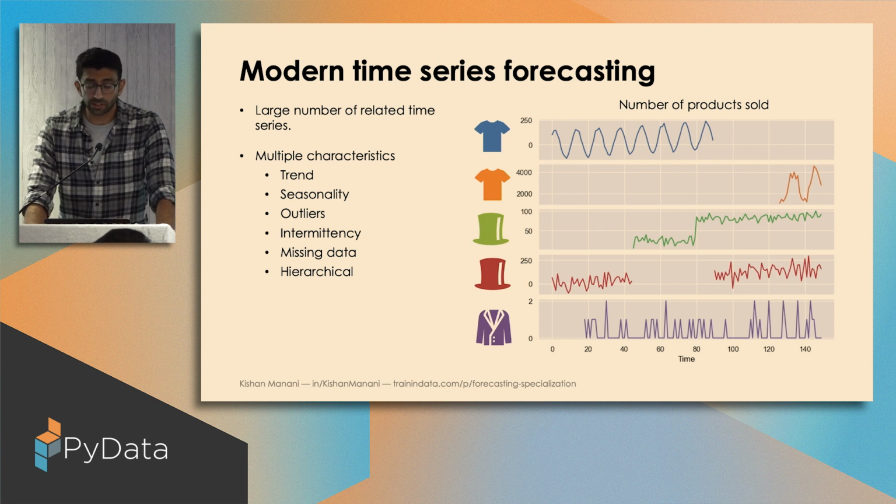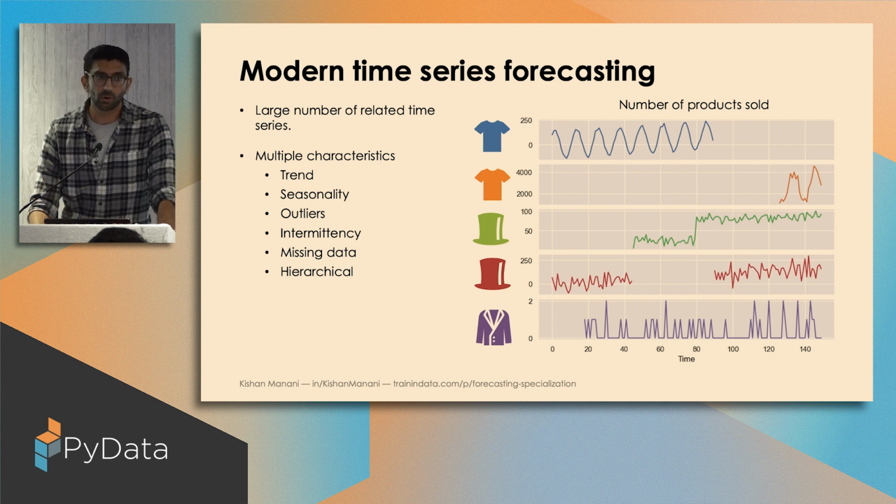Just because they're on the same website or store, for example, they could be affected by promotional activity. You think that being in certain categories would also relate the time series. So t-shirts will be more similar to each other than hats. And so typically you would train a single, what's called a global forecasting model on the whole set of time series so it can learn these interrelationships.